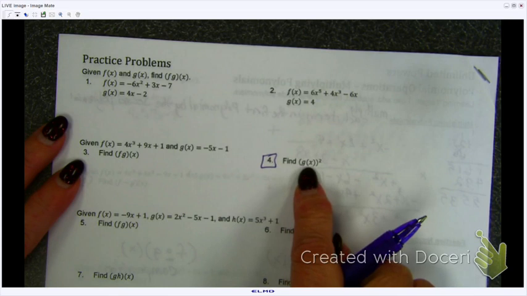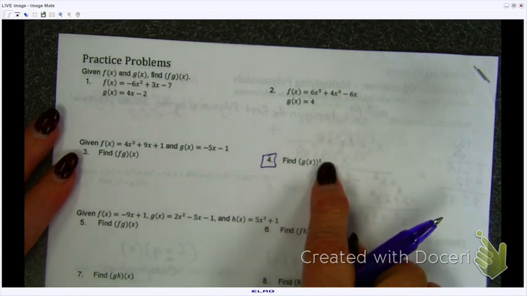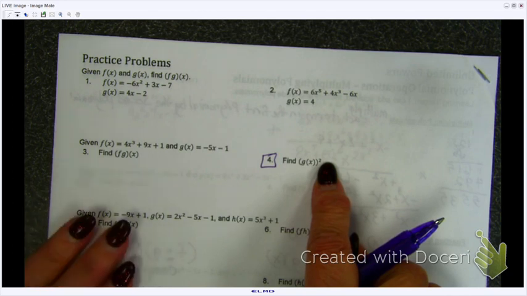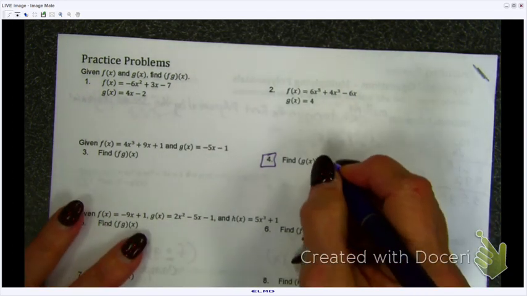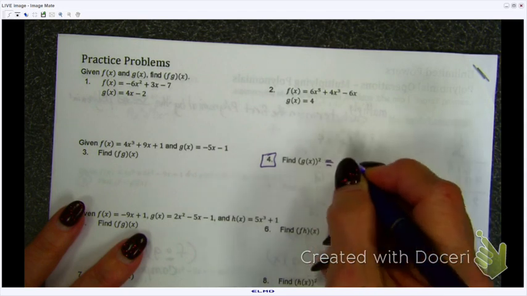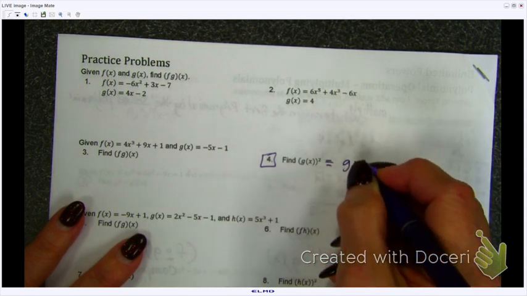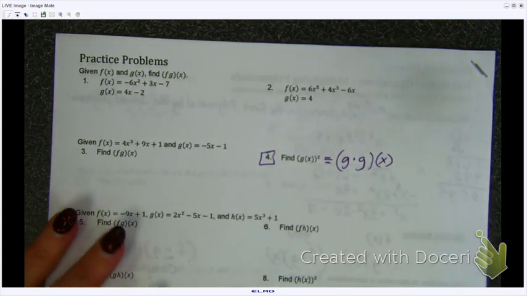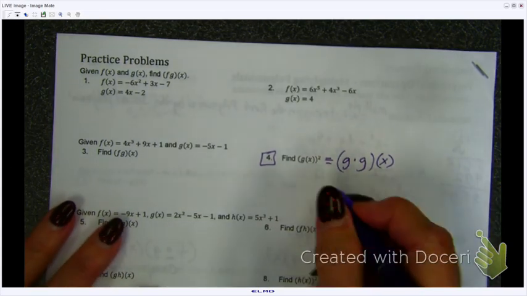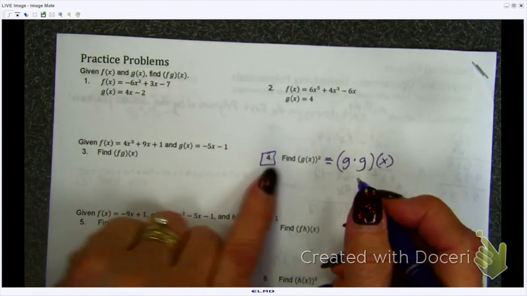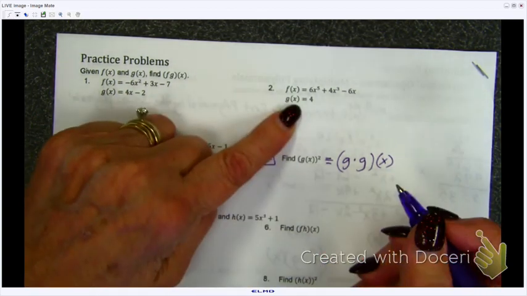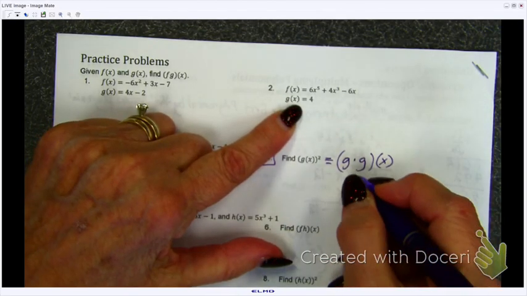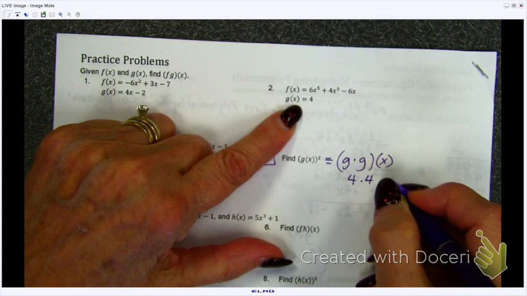You know that g of x in parentheses with the exponent on the outside means g of x times g of x, right? So the other notation for this would be g times g of x. So that means, oh, well, that's easy enough. G of x is just 4. So this becomes 4 times 4, which is 16.